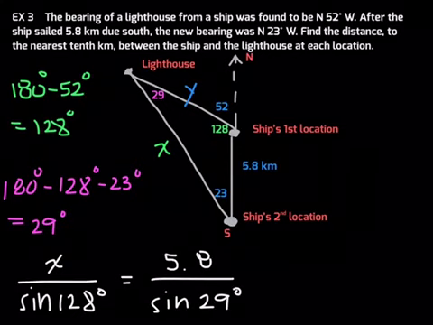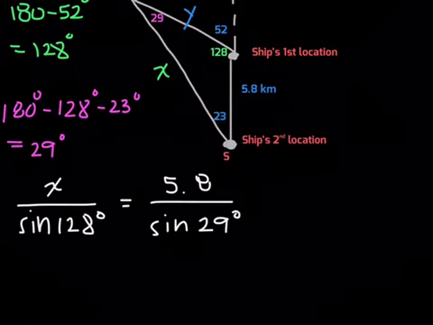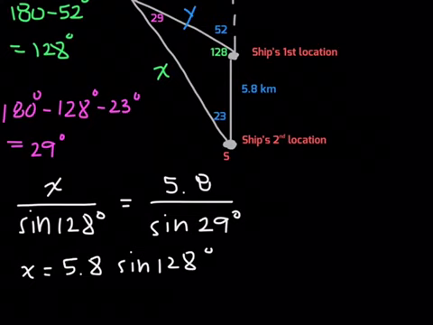Okay, so let's solve this for x. So then you're going to find that x is equal to 5.8 kilometers times sine of 128 degrees, and then all of that divided by sine of 29 degrees.